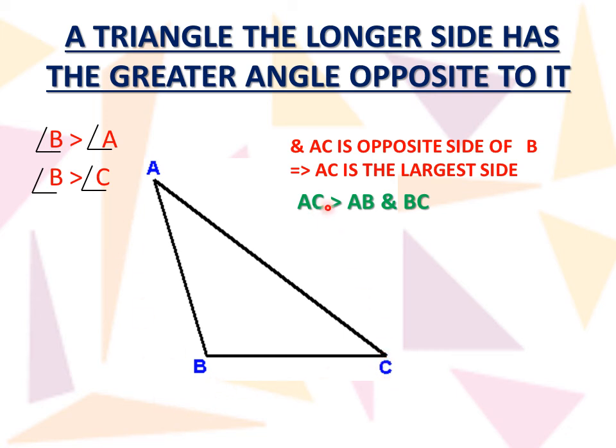That is, AC will be greater than AB plus BC, if angle B is greater than angle A and angle B is greater than angle C. So here in this figure we have taken B as an obtuse angle, so obviously it will be greater than angle A and angle C. So the side opposite to this greatest angle will be greater than the other two sides of the triangle.